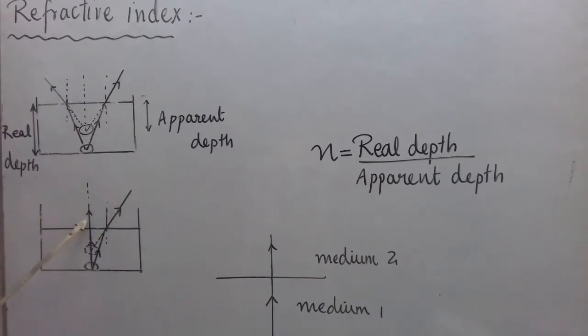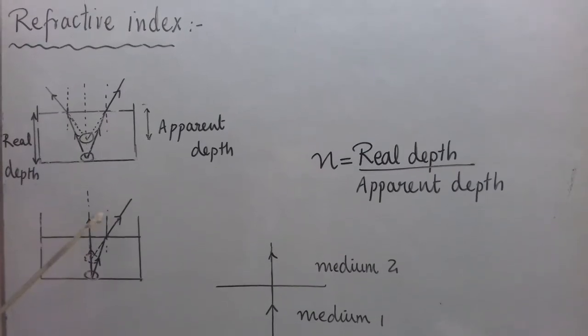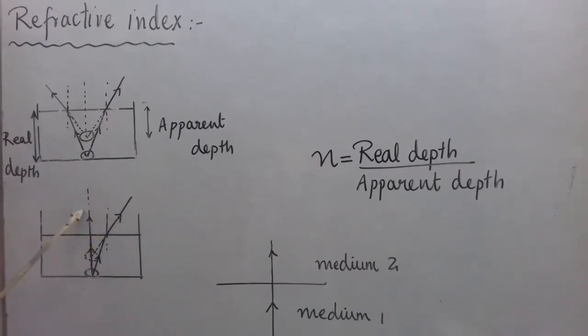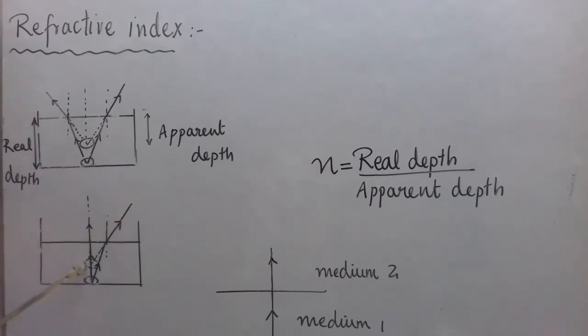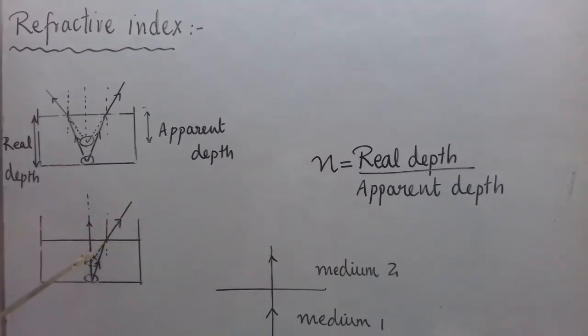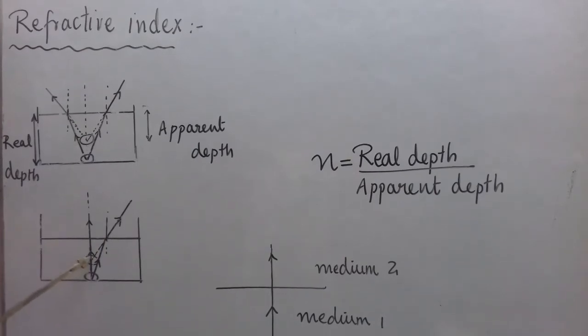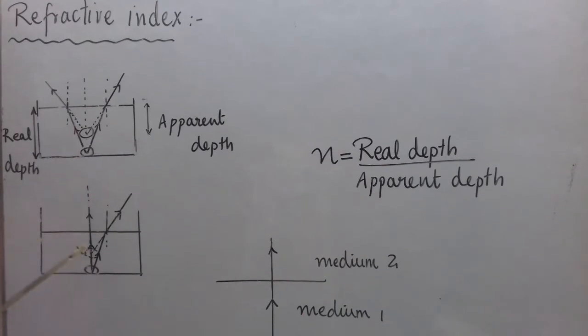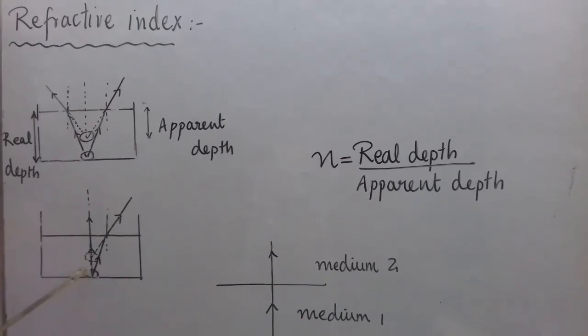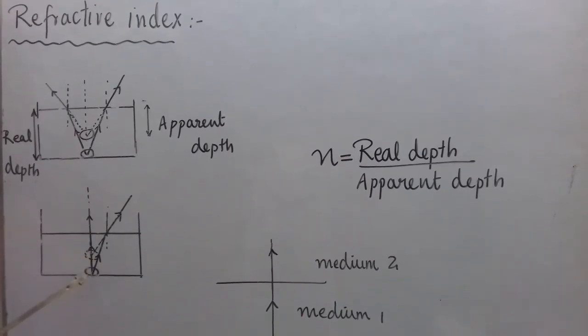So this is one of the refracted rays, this is the other refracted ray. They are not going to meet on this side, so this is already produced backward. Produce this backward, and again we get a point where the rays appear to meet after refraction. So this is the image of this point, and hence we can draw the image of the coin.